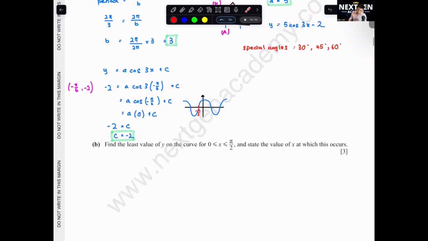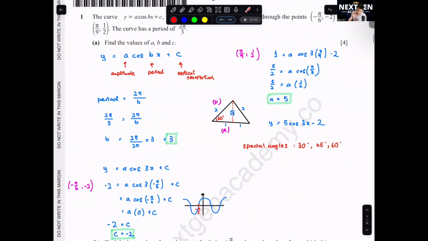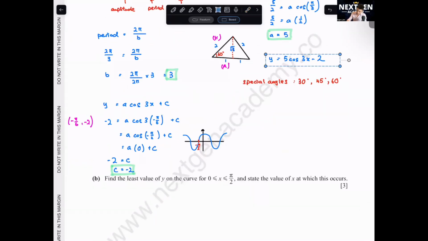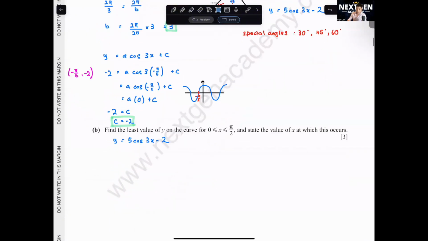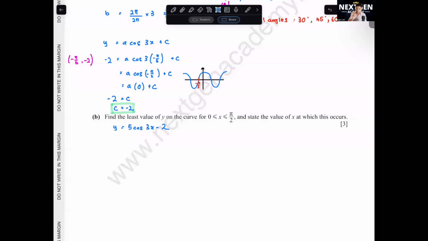If you understand this question, your equation is y equals 5 cos 3x minus 2. In a typical cos graph, the least value is when cos is negative 1. Right or not? You have to see, based on your original cos graph, is that 1?